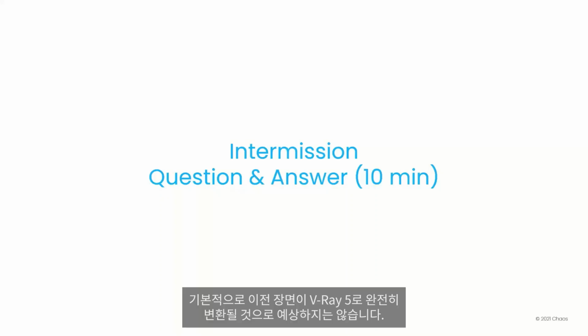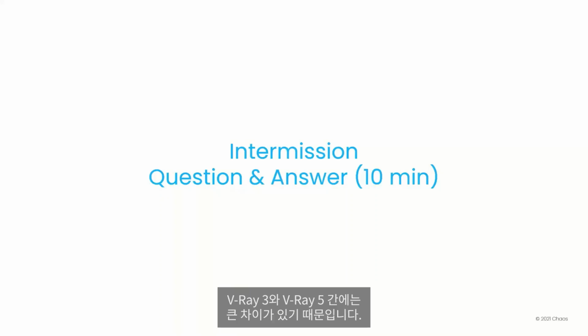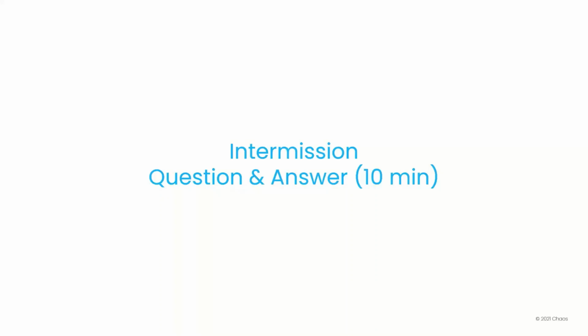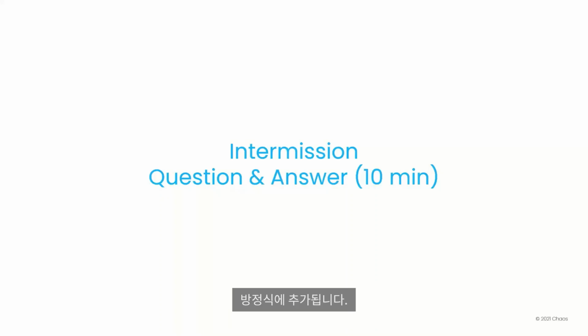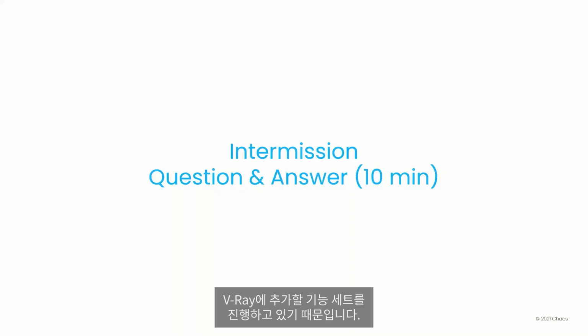Basically, I wouldn't expect the old scenes to be fully converted to V-Ray 5, mainly because of the big gap that stays between V-Ray 3 and V-Ray 5, because a lot of stuff has changed inside the V-Ray core. And now when we have the lights, for example, as separate objects, this kind of adds to the equation. So yes, it is going to get better as we are progressing with the feature set that we're adding to V-Ray.